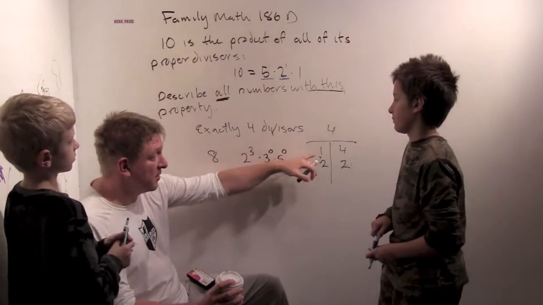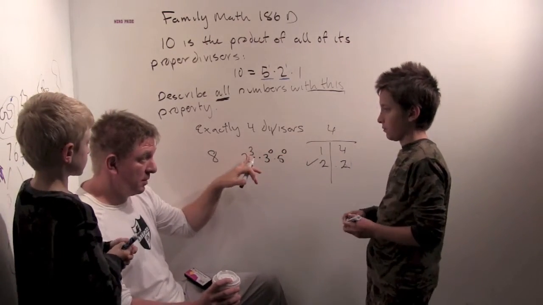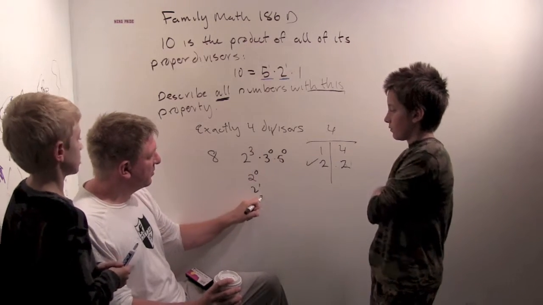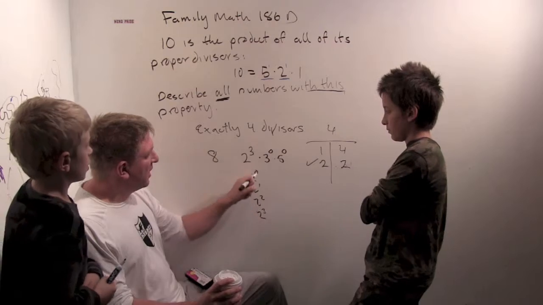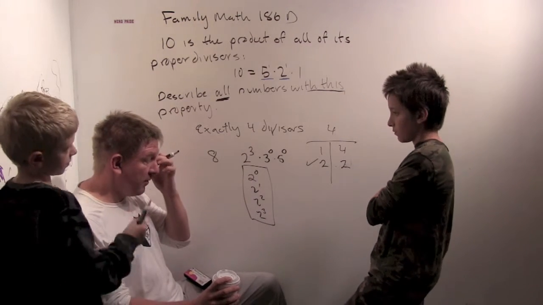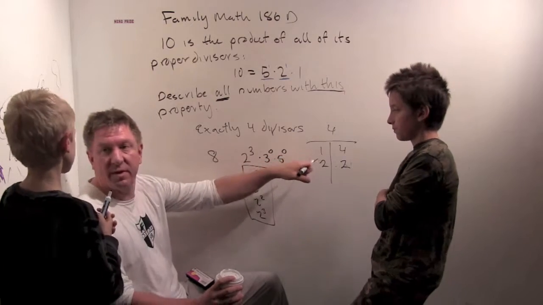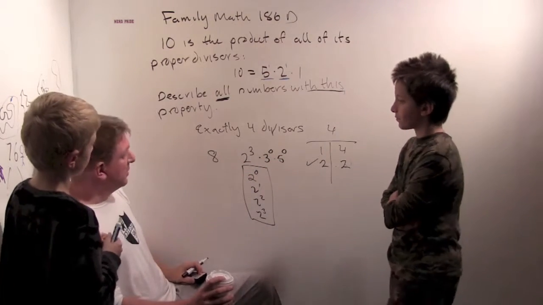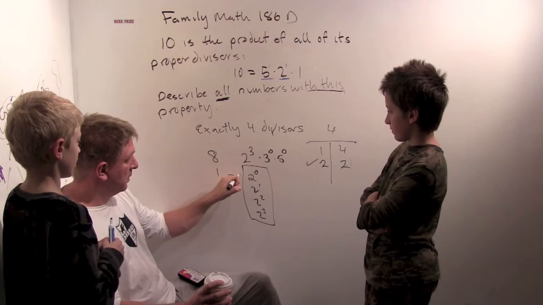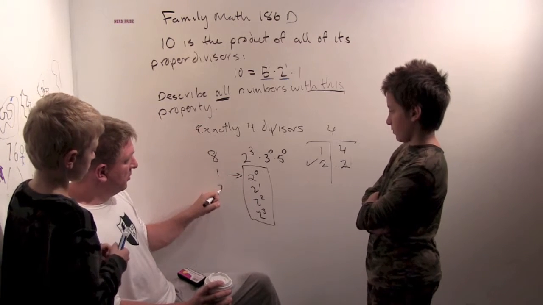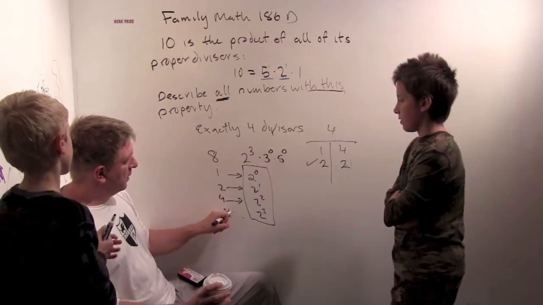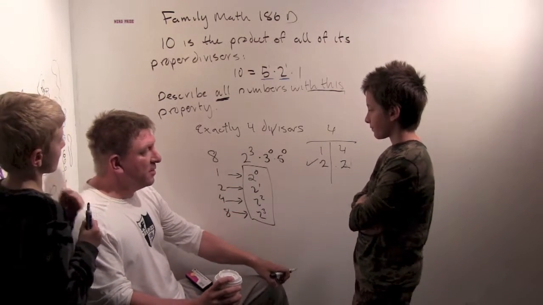I have 2 to the 0, 2 to the 1, 2 squared, and 2 cubed, and I only have 1 column, 1 times 4, because all the other primes had no powers. The factors of 8 are 1, 2, 4, and 8. Cool.